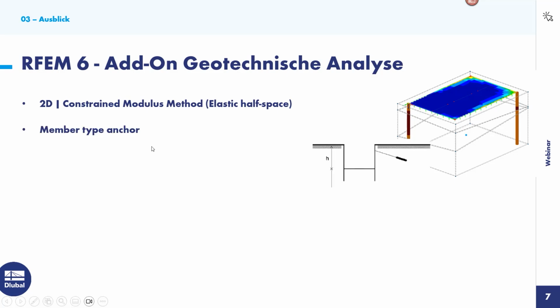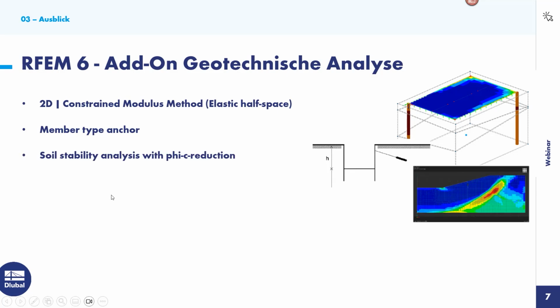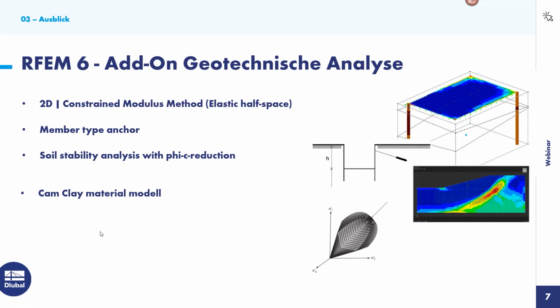Then another topic we have in the last steps is the anchors. We will have the member type anchor, which allows us to model anchors as well. Then we are working on the soil stability analysis with phi-c reduction. This is the next step, and we are working on the chem-clay material model, which is valid, as the name says, for clays and further materials.